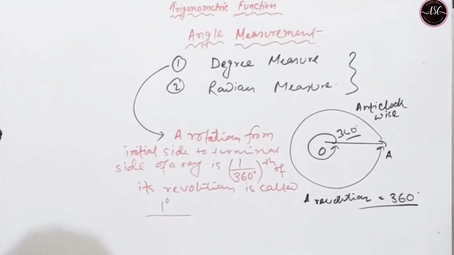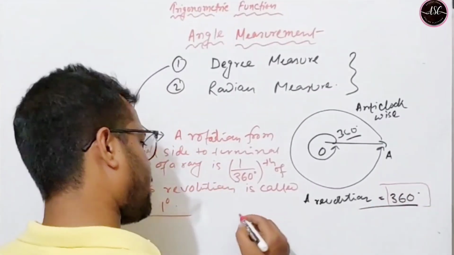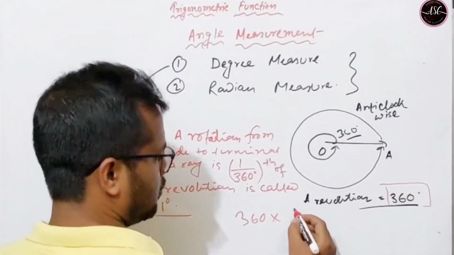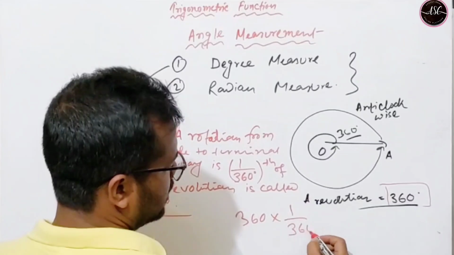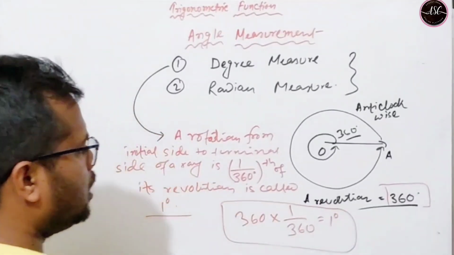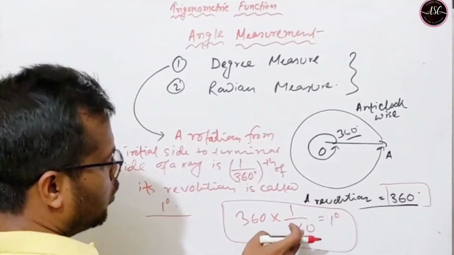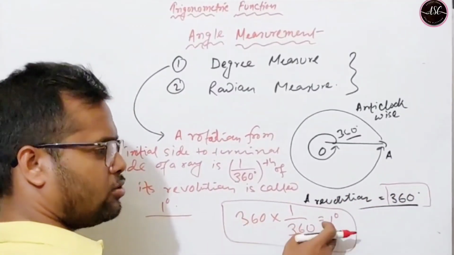Okay, that means 360 divided by 360 we get 1 degree. A total revolution equal to 360 degrees, then the 1/360 of 360 degrees is equal to 1 degree.